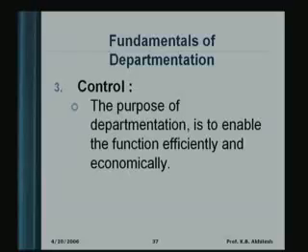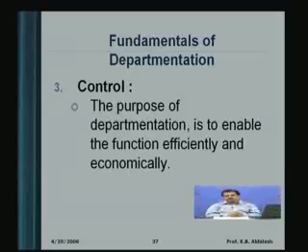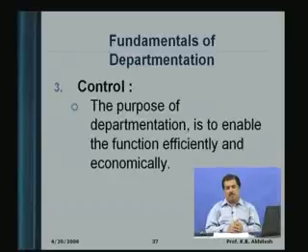Departmentation also provided not only a scope for coordination but also control. Now very clearly you know which department is responsible for what. We don't have to look left or right in the organization; very clearly you are able to see who the person is, which department is to focus on.